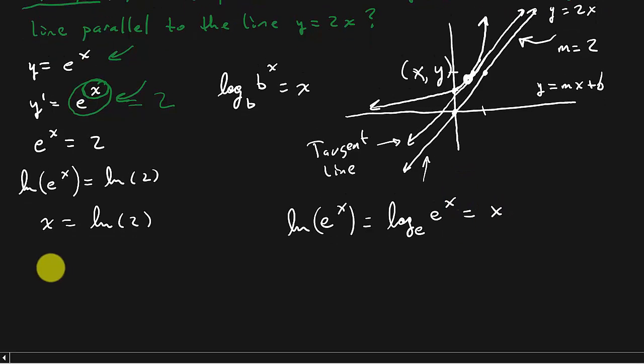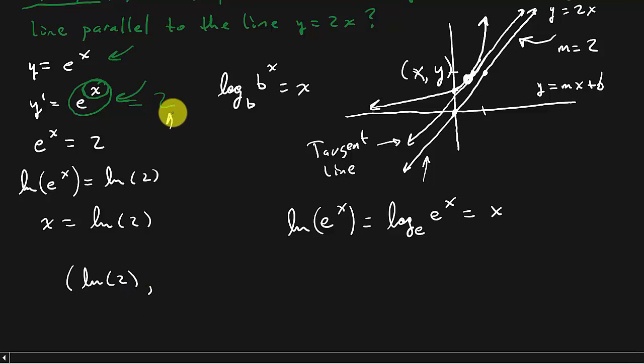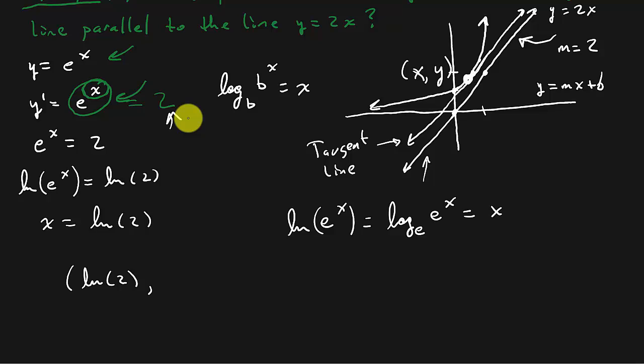So what point is that? That's natural log 2. And then what do I need? I need my y value. Now, this is another one. It's not that 2, I mean, the answer's 2, but how am I finding it?